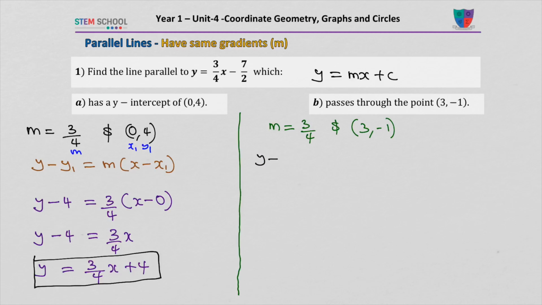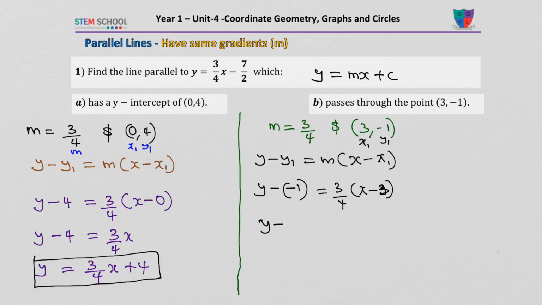So y minus y1 equals m into bracket x minus x1: y minus minus 1 equals 3 over 4 into bracket x minus 3. y plus 1 equals 3 over 4x minus 9 over 4.